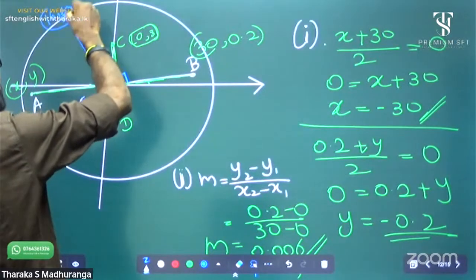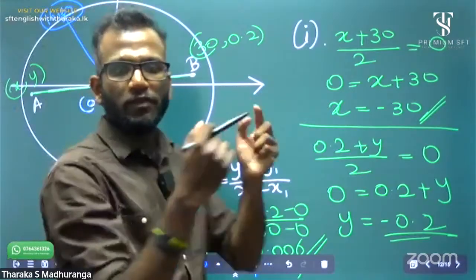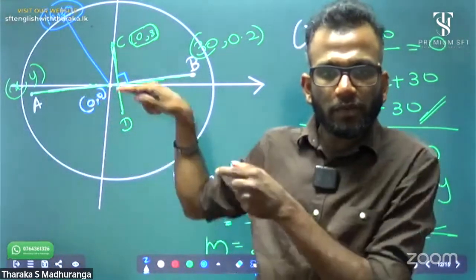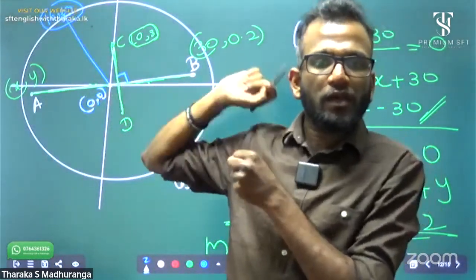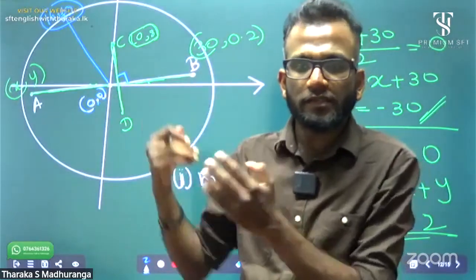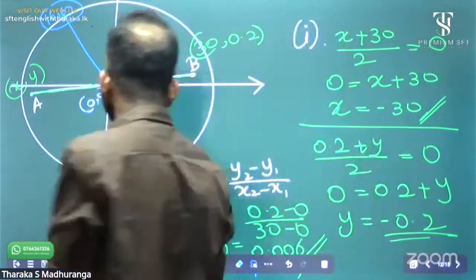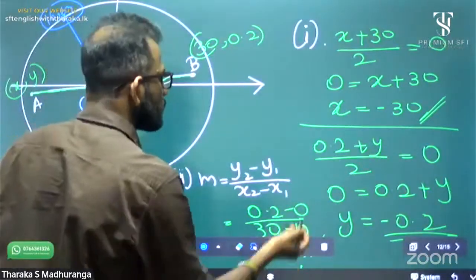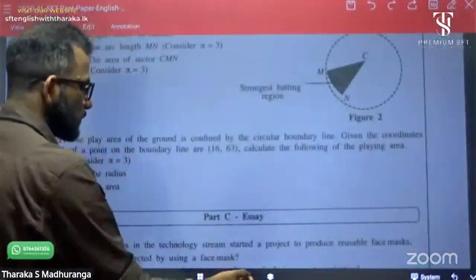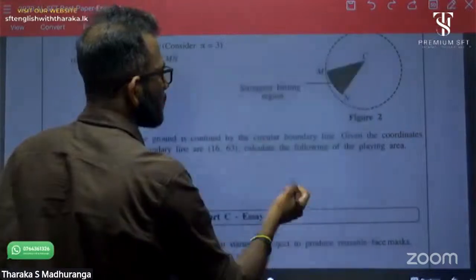Now you can calculate the distance from this midpoint, the initial point, to the boundary point. This is the radius. This is just the radius. Very simple, right?